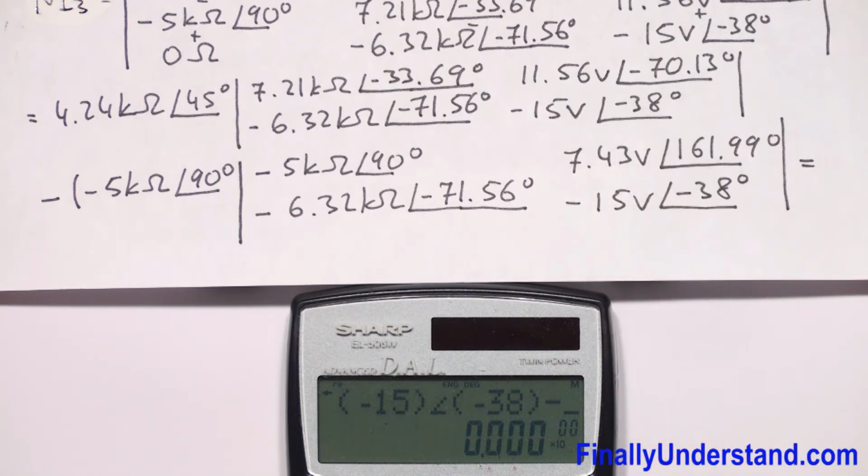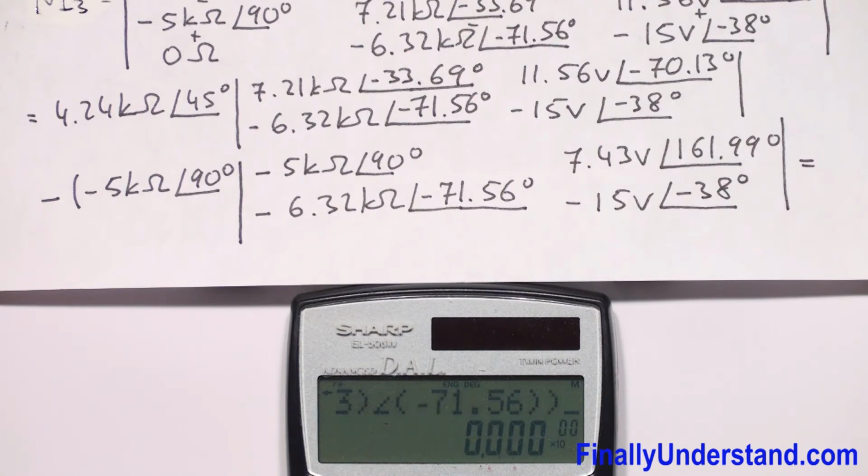So I have 11.56 and angle of negative 70.13 times negative 6.32 exponent 3 and angle of negative 71.56.